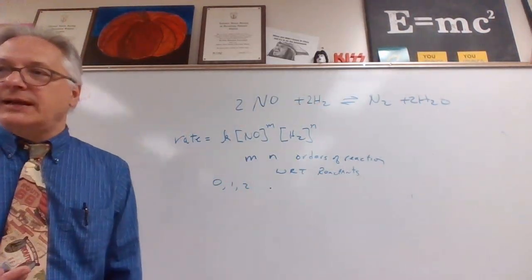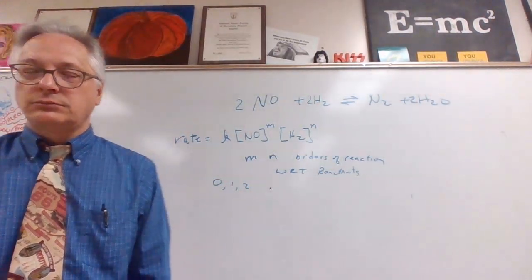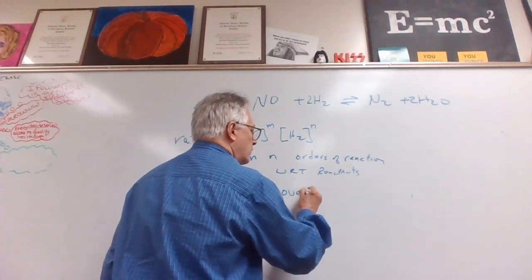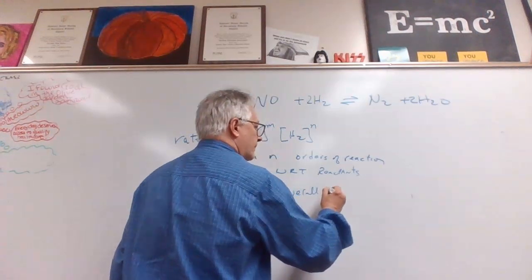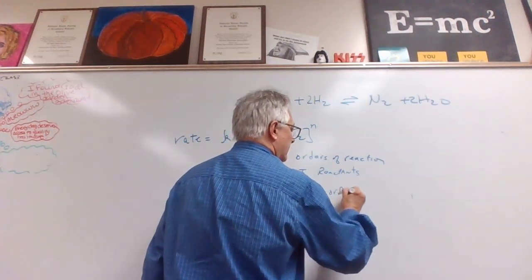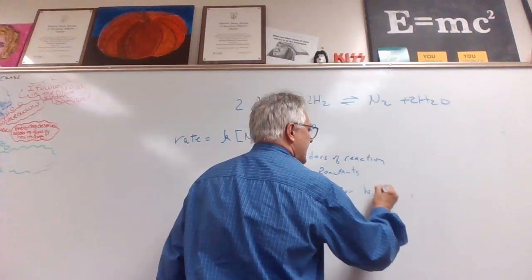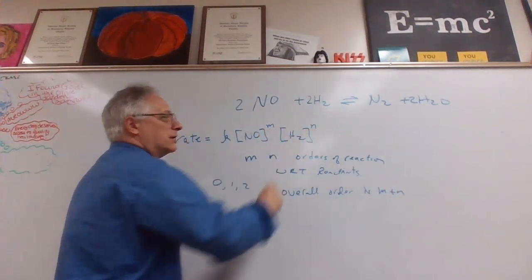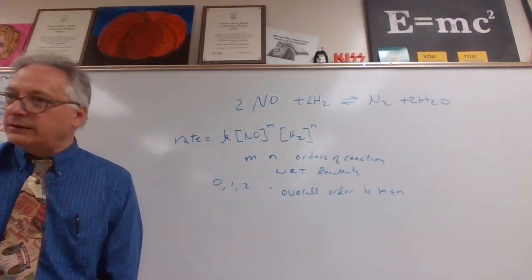We very seldom see anything larger than 2. The total overall order is M plus N. So if this is first and that's first, the overall order is second.